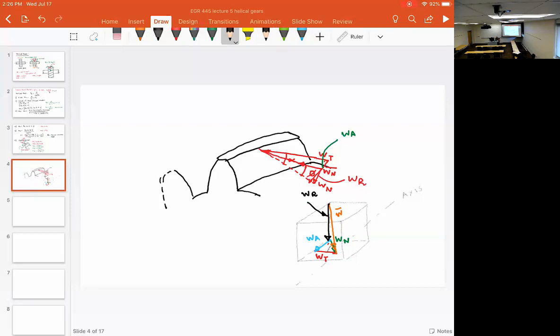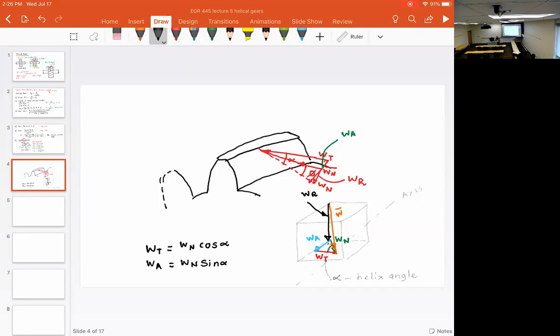So this angle is alpha. This is the helix angle. And as soon as you have the helix angle, we have the equation Wt is equal to Wn cosine of alpha, and Wa is equal to Wn sine of alpha. Are you with me so far?